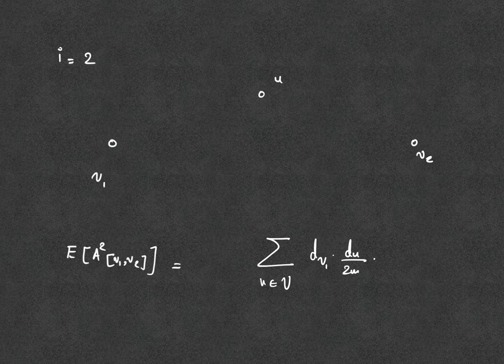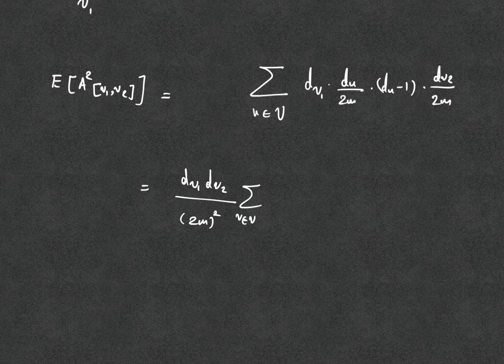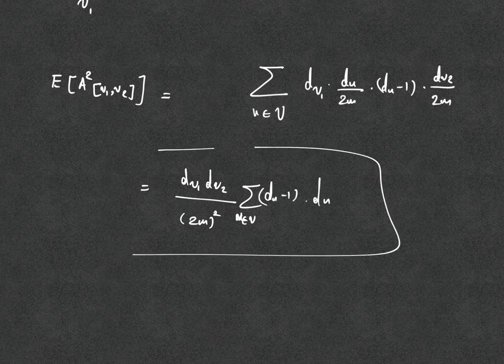Afterwards, you have du minus 1 options for going out, because you used one of the edges for going to u, and then dv2 divided by 2m chance of ending up at v2. Therefore, this value is going to be dv1 dv2 divided by the squared version of 2m, times the sum over u of du minus 1 times du.